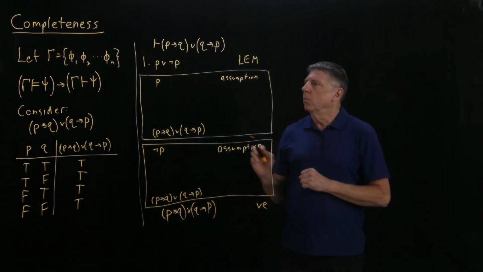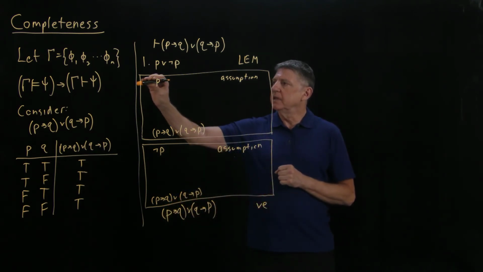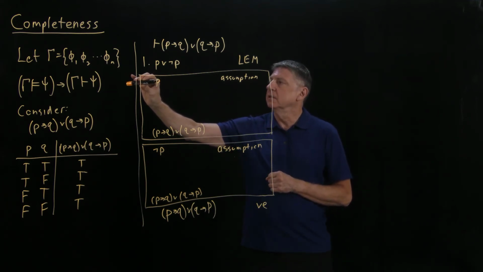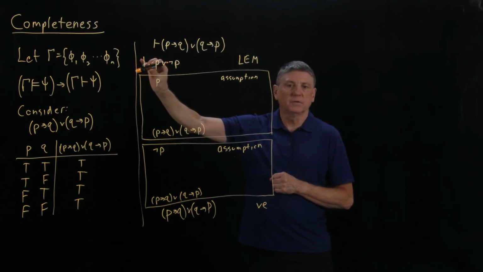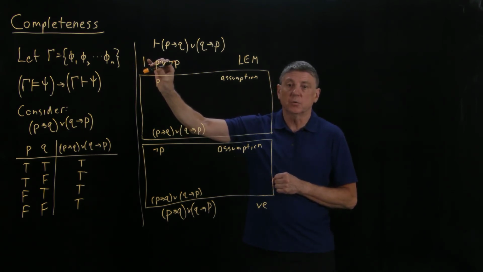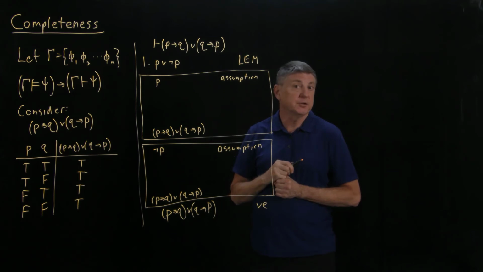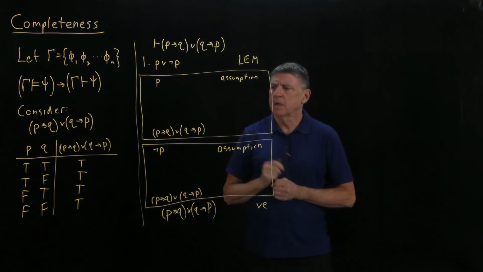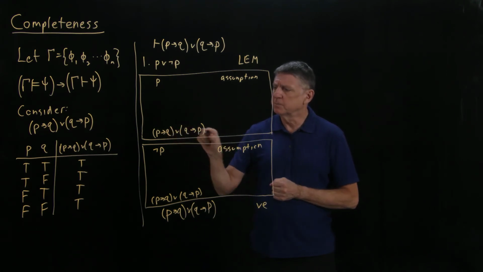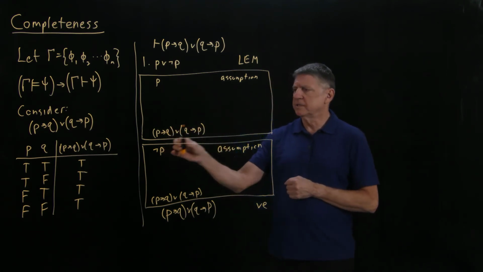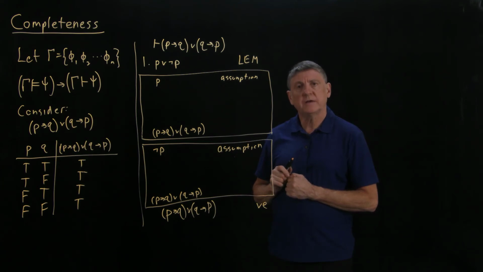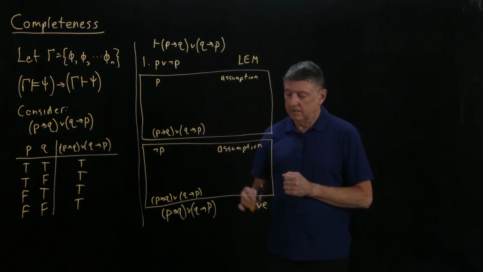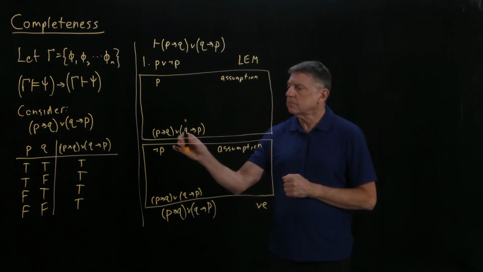And what I would then do is examine the first box, including all of the lines that precede it that are within scope, and ask myself if I could use any forward reasoning. And the answer is nothing comes to mind. Instead, I'll look at the goal of this box. And the goal of this box is a disjunction. And one way that I could arrive at that disjunction is by disjunction introduction.